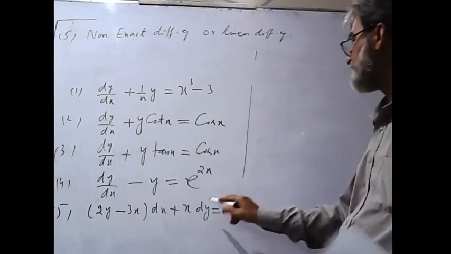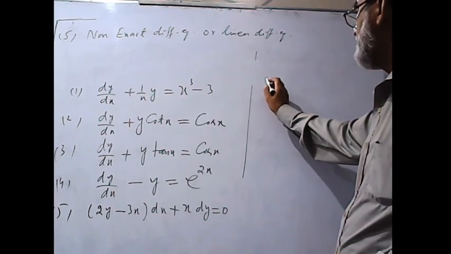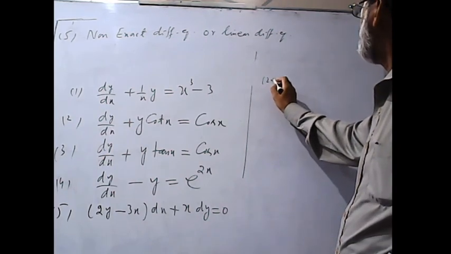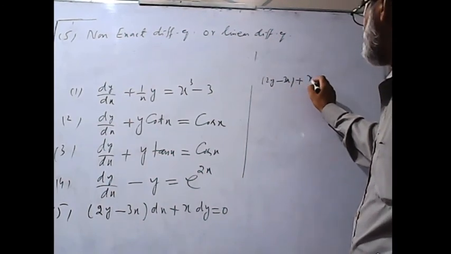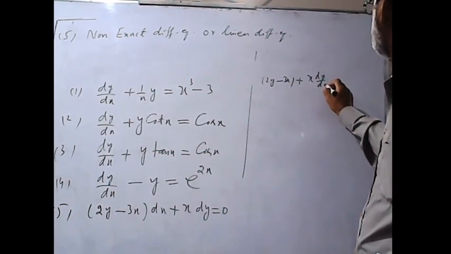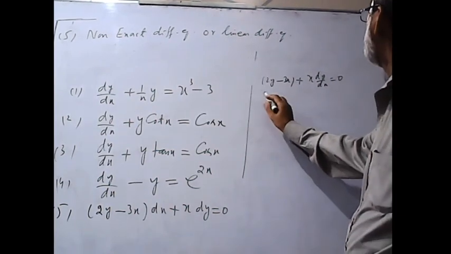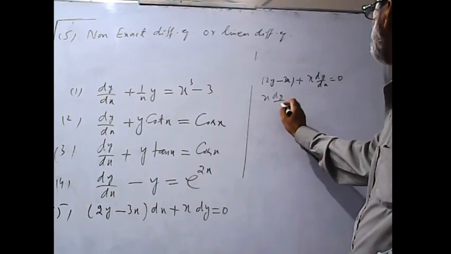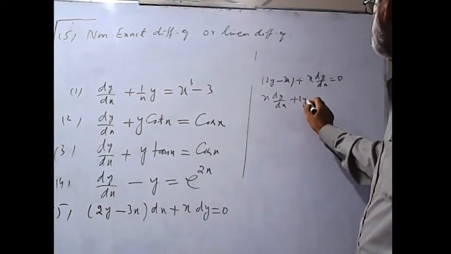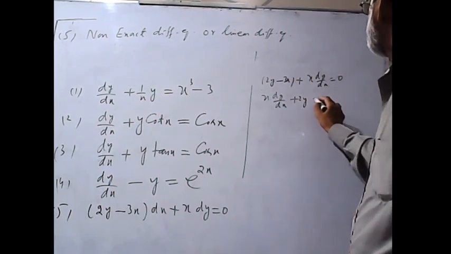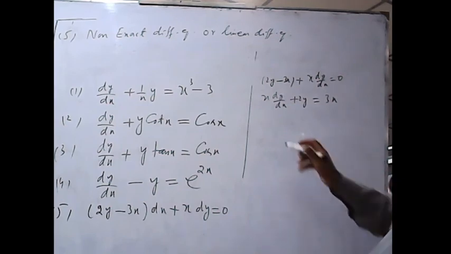If you write this equation in standard form, first 2y minus 3x plus x dy by dx is equal to 0. Then x dy by dx plus 2y, where x is a right hand side function because the right hand side involves only a function of x.